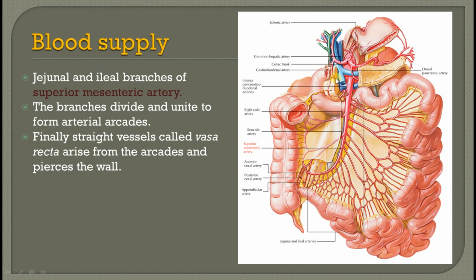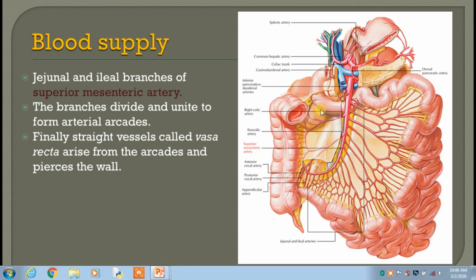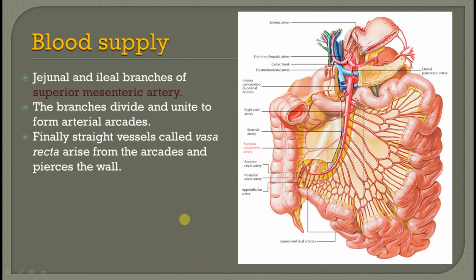Whereas in case of the duodenum, you can see two sets of vasa recta, the anterior set as well as the posterior set, mainly in the duodenum. Okay. So one set of straight long vessels, they are actually called the vasa recta. They are end arteries. They mainly supply the jejunum and the ileum.